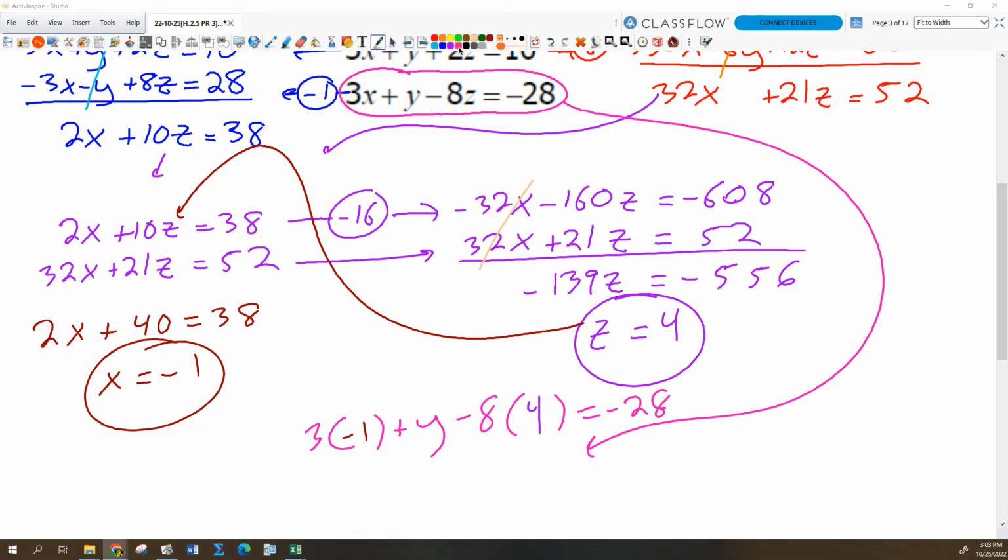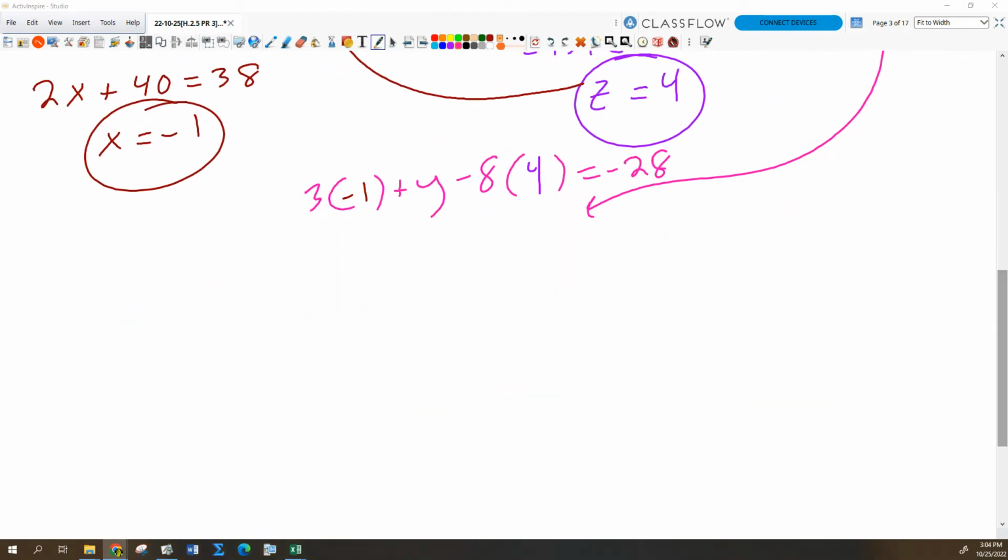So if I solve that thing, I'm getting negative 3 minus 32. So y minus 35 equals negative 28. So what does y equal? 7. You could have did the middle one. It was so much easier. Probably would have been.